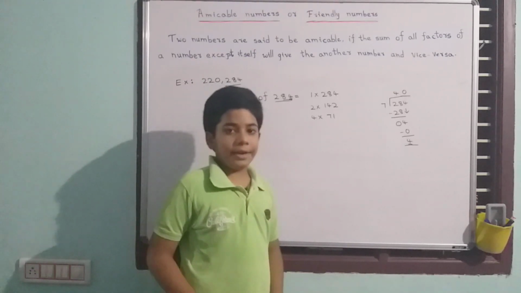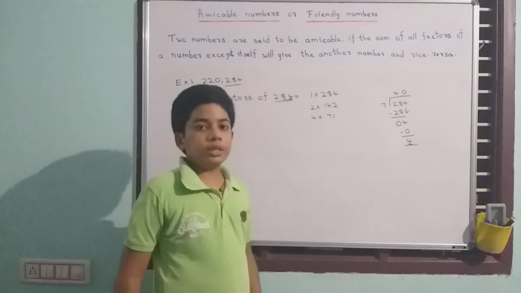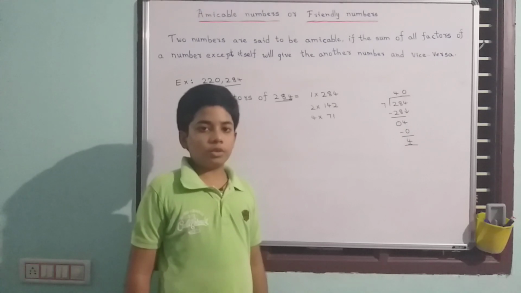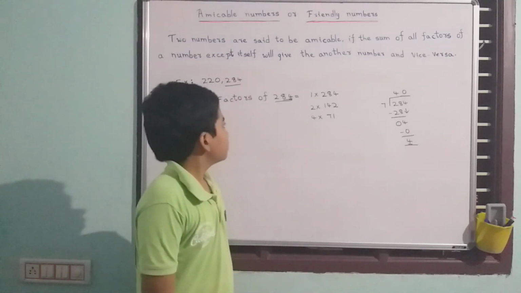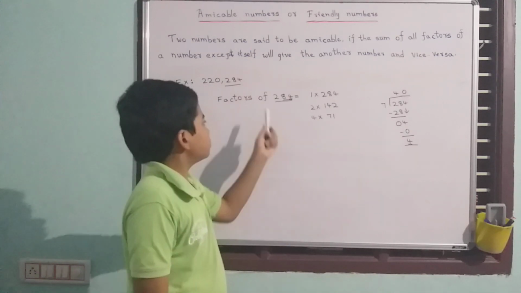Let us check with 8. The divisibility rule of 8 is that the last 3 digits of the given number have to be divisible by 8. So the last 3 digits of 284 is 284.